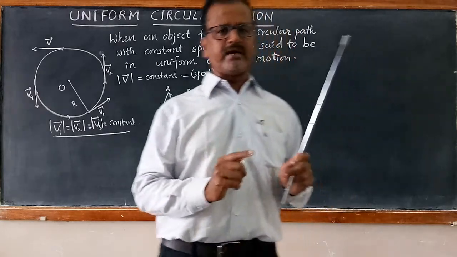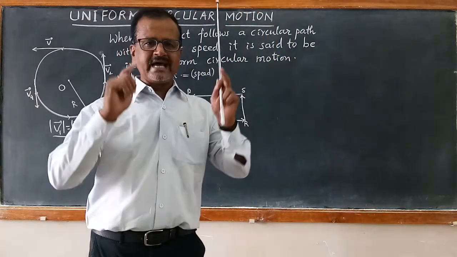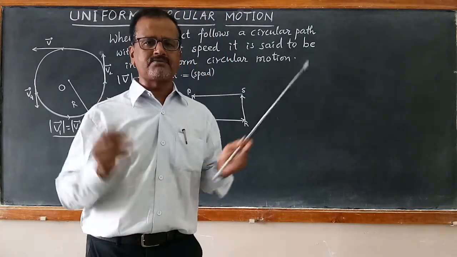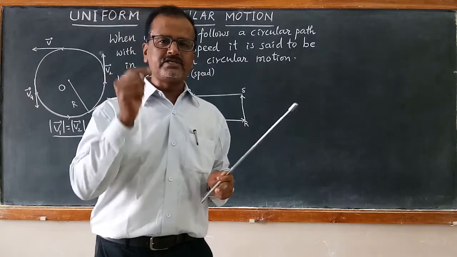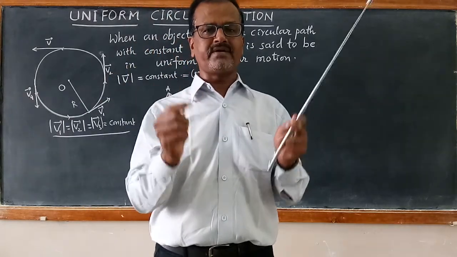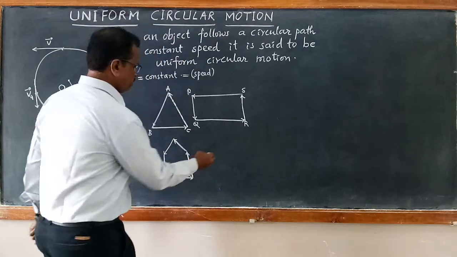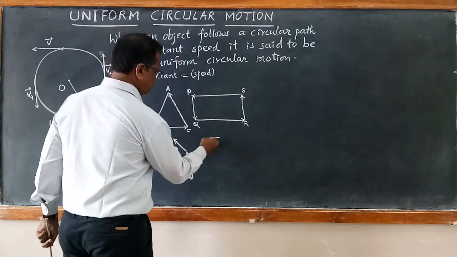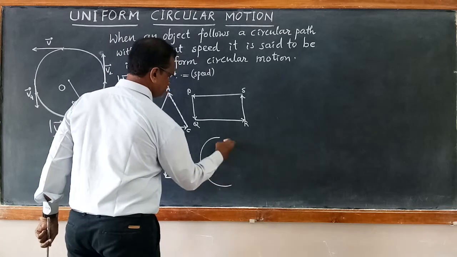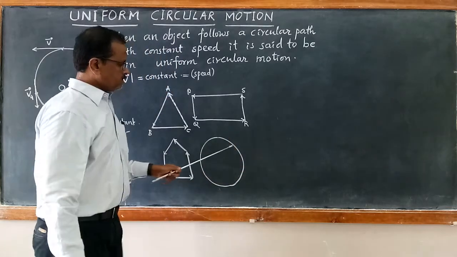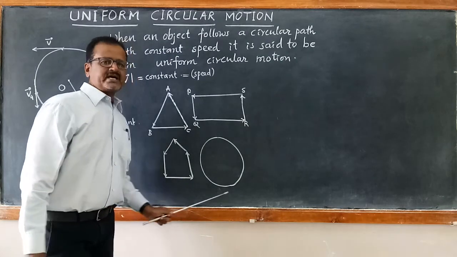I think you got the point. If it is any polygon having n sides, you will change the velocity n times. You will have n velocities. So you must have understood now that a circular path is understood to have an infinite number of sides.